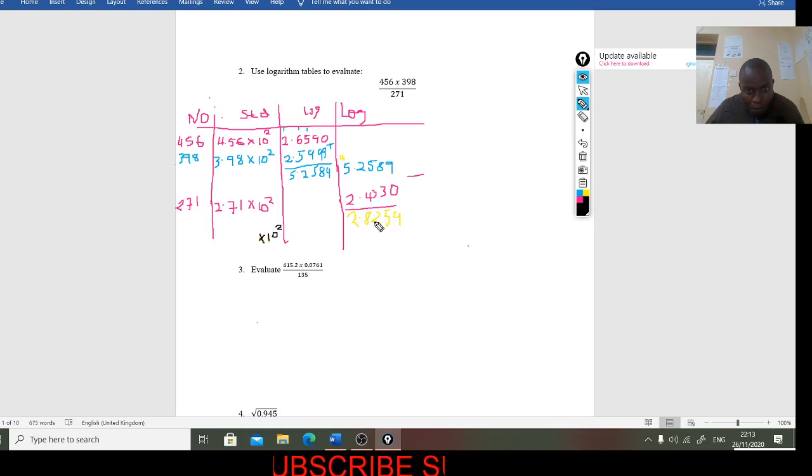Now I find the antilog of 0.8259. 0.82, you go to 5, then you go to the 9 on the other side, and then you add. So we find the antilogarithm using your mathematical table. We find the antilogarithm of 0.8259.